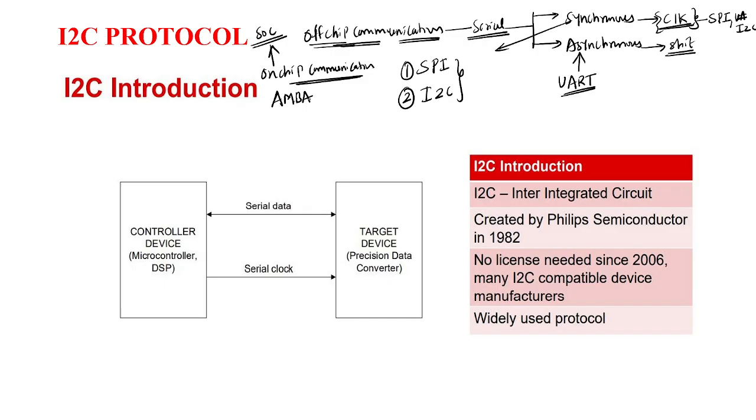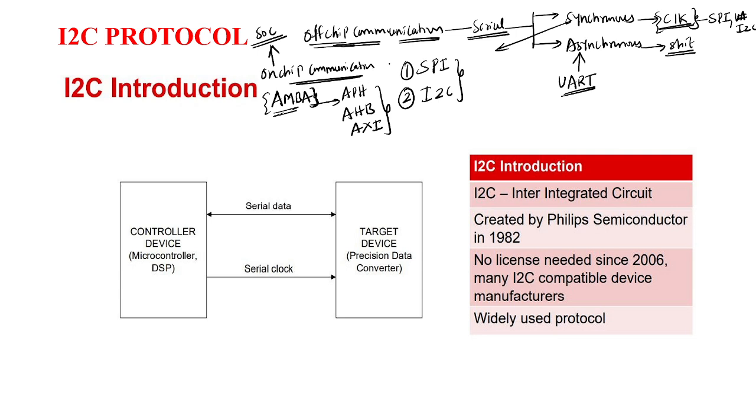Industry is mostly interested in people who have worked with the AMBA protocol, so if you work with it, your resume will get the highest weightage. Here you have the APB protocol, the AHB protocol, and the AXI protocol. So this is about on-chip communication protocols.